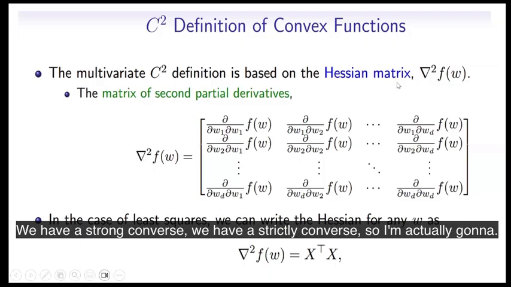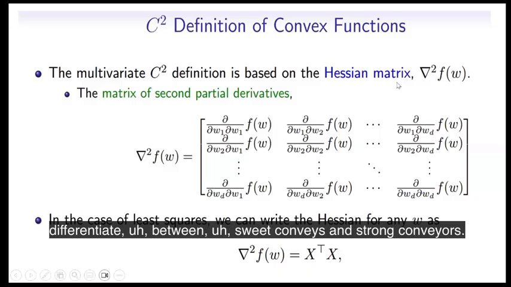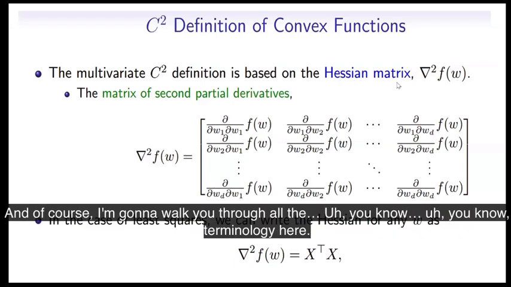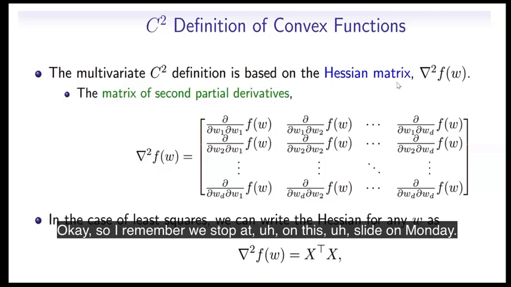We have strong convex, we have strictly convex. So I'm going to differentiate between strict convex and strong convex, and of course, walk you through other terminology here. I remember we stopped on this slide on Monday.